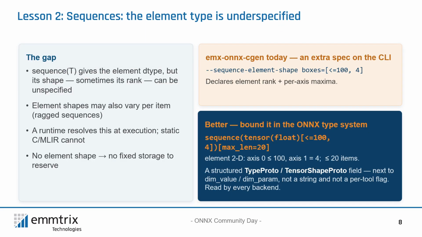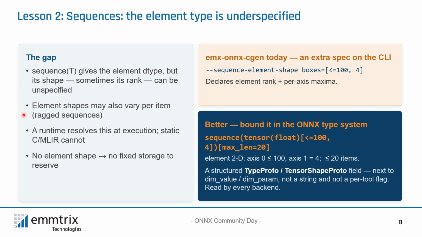So the next problem is that for sequences, the element type is underspecified. What does this mean? If we have a sequence, we only know, okay, there is a tensor of float maybe inside, but for the tensor, it is unknown how many dimensions it has, what the rank is, and also what the size of a specific dimension is.